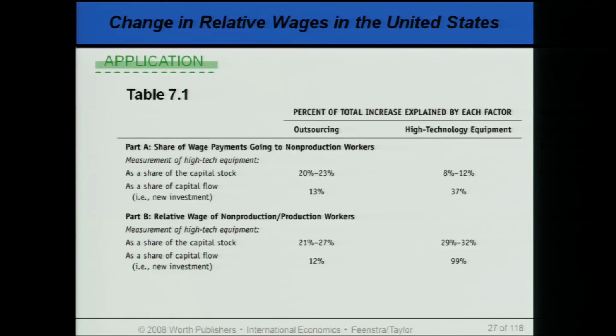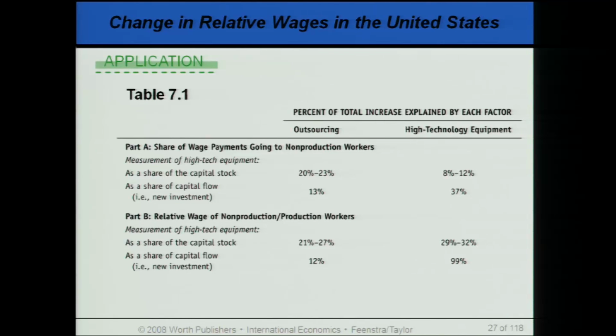Now, if you look at the percentage of total increase explained by each factor, that is outsourcing and high technology equipment, if you work out the share of wage payments going to non-production workers as a share of capital stock, outsourcing has contributed 20 to 23%, high technology equipment explains 8 to 12%, but as a share of capital flow, outsourcing contributes 13% and high technology equipment 37%.